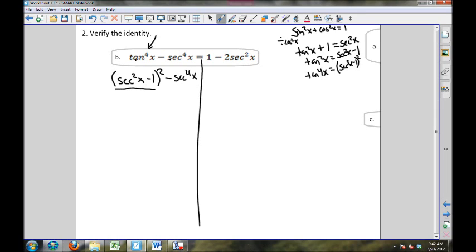Well, when I FOIL this out, I end up with secant to the fourth x minus 2 secant squared x plus 1 minus secant to the fourth x. Well, my secant to the fourth x's cancel out and leave me with 1 minus 2 secant squared x.